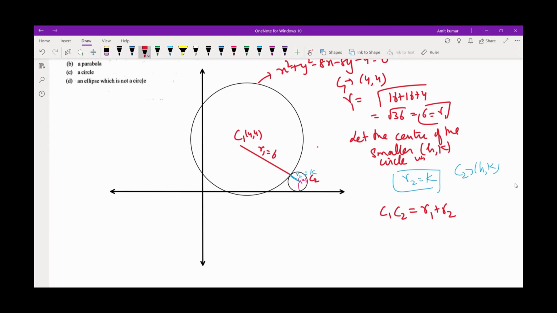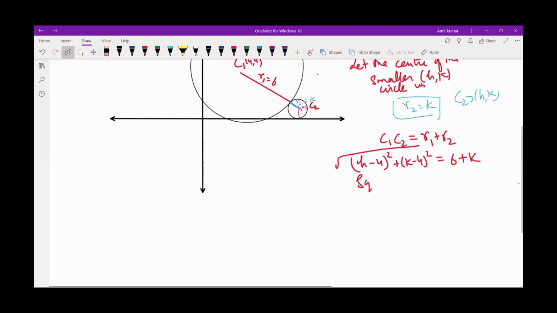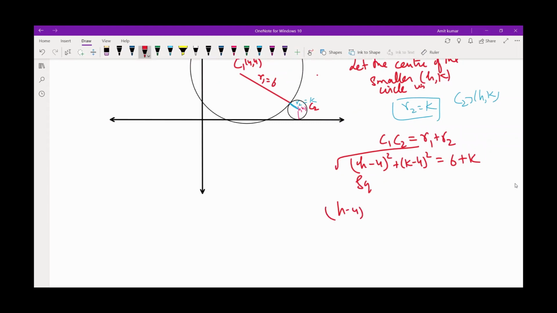So the distance between the two centers is the square root of (H minus 4) whole square plus (K minus 4) whole square, equal to 6 plus K. After squaring, we get (H minus 4) whole square plus (K minus 4) whole square equals (K plus 6) whole square. We keep (H minus 4) whole square on the left side and take the rest to the right.